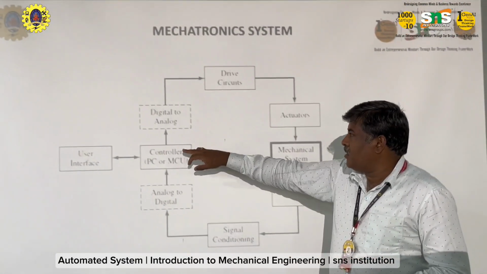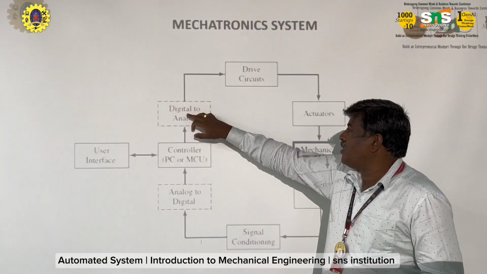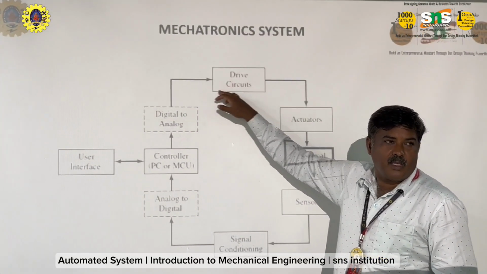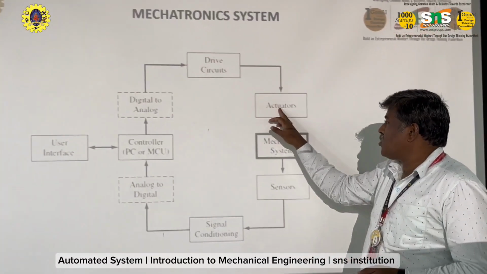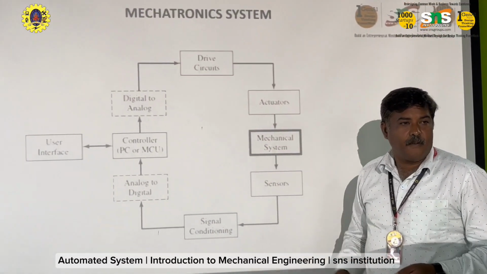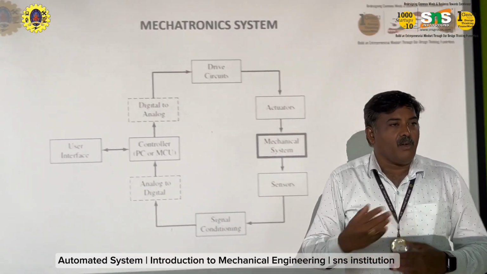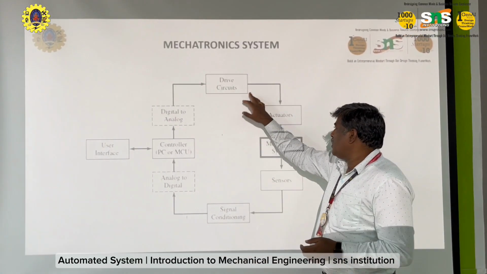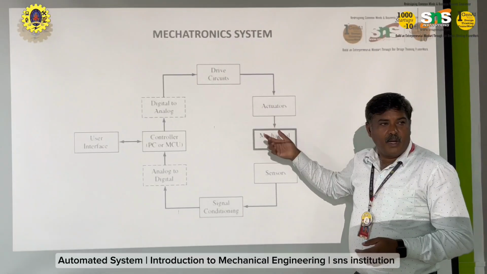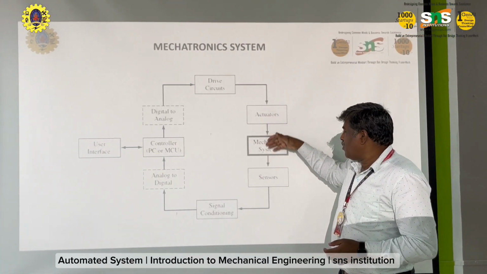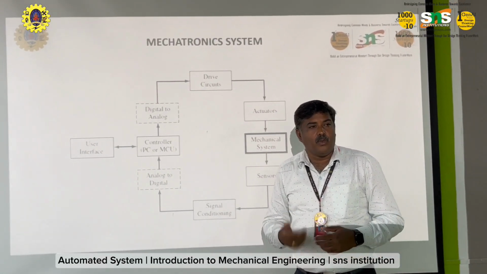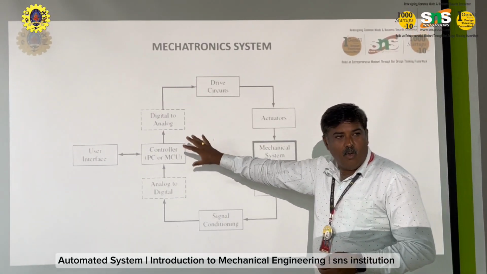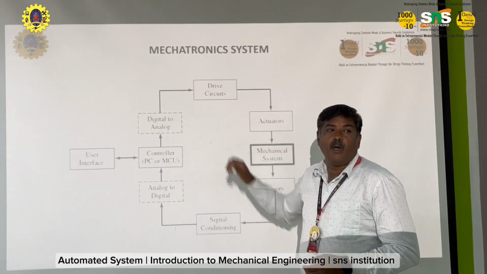Based on this, the digital signal is converted into analog and goes to the drive circuits, which give it to the actuators. The purpose of actuators is to convert energy into mechanical work, and this mechanical work makes the mechanical system work. This is how the components of a mechatronic system work.